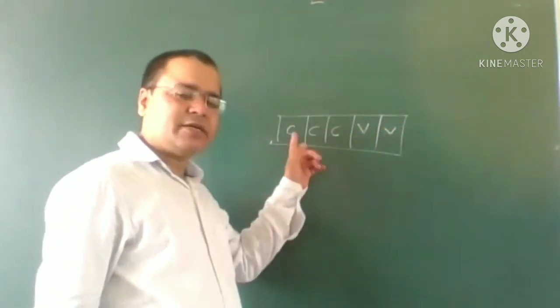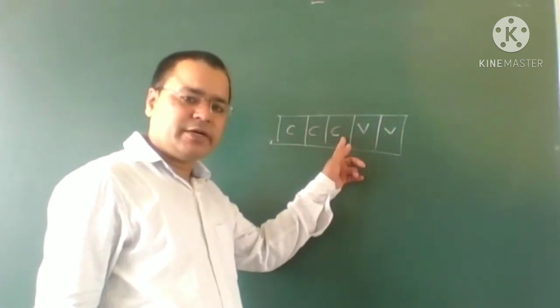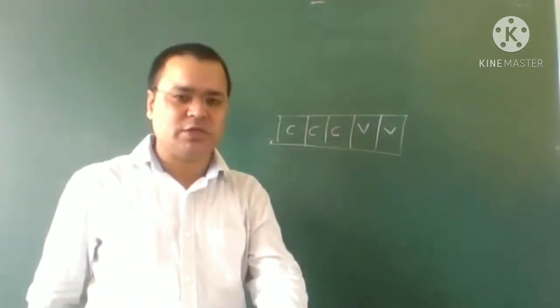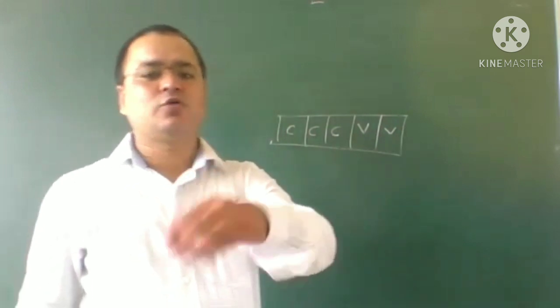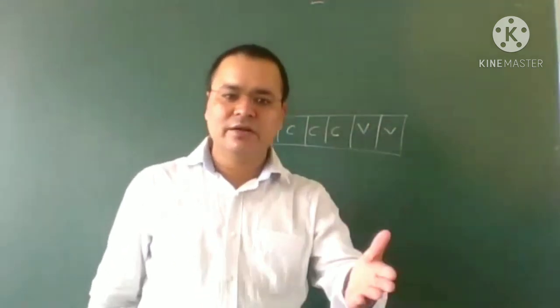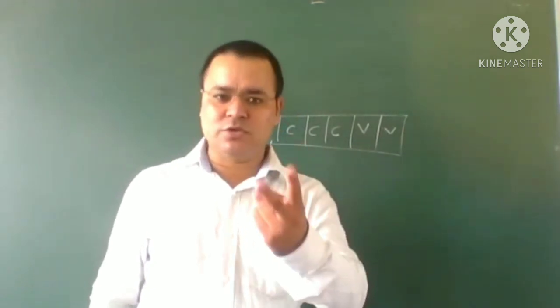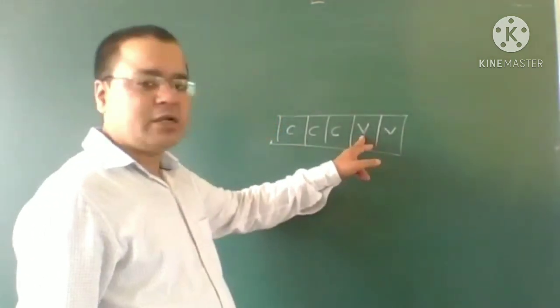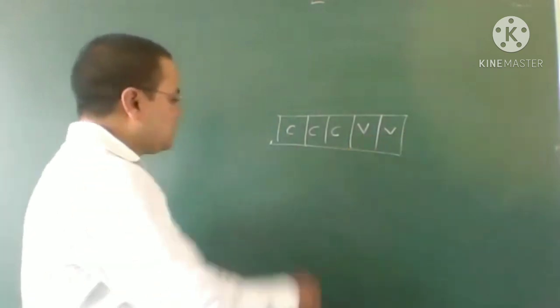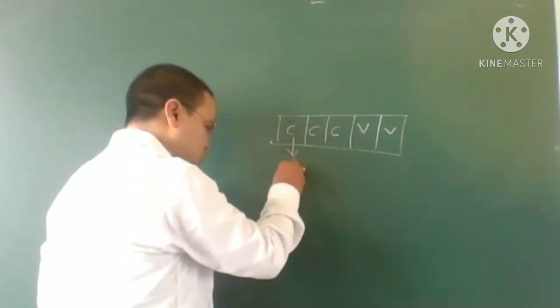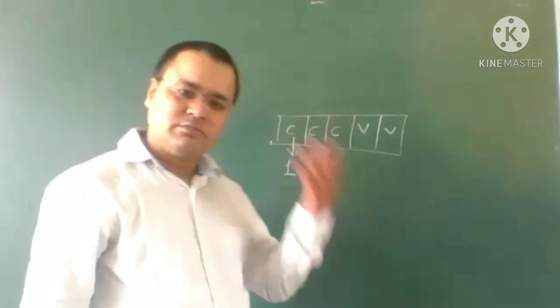The first one candidate, second one candidate, third one candidate. Why? Because it is given in the question that there are 3 candidates out of 5 voters. Then how many persons are not candidates? That is only 2. Who is that? Voter fourth and voter fifth. So each candidate has only one choice. Why? They will give to themselves.